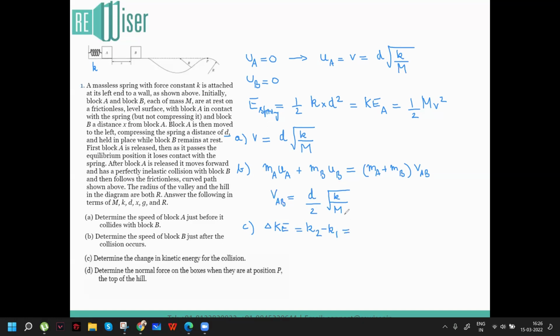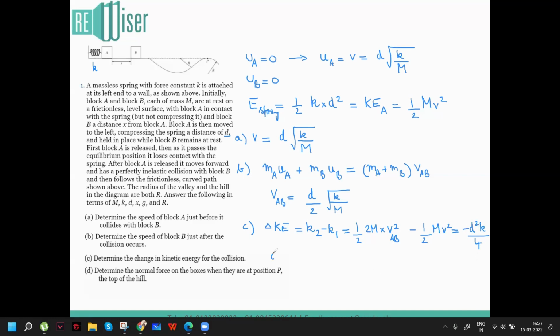K2 is the total energy after the collision, which is half into the combined mass 2m into VAB the whole square, minus the initial kinetic energy, which is just that of mass A, because mass B was at rest. And this value is equal to half into capital M into V square, where V is the value of velocity obtained in part A. Simplifying this further, we get the change in kinetic energy to be equal to negative d square k divided by 4.